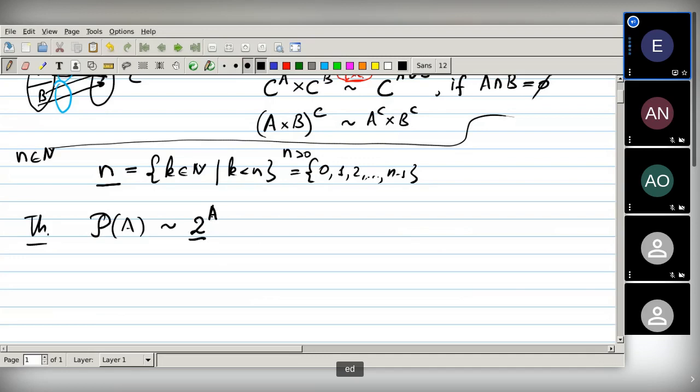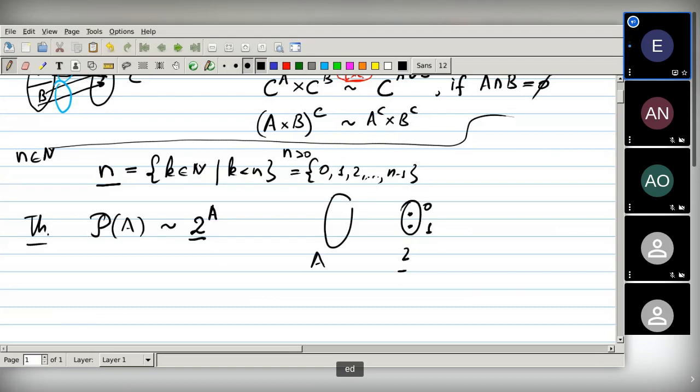And this set is quite interesting. What is it? It is the set of all functions from A to 2 underlined. And 2 underlined is a set of two elements, our exemplary two-element set.